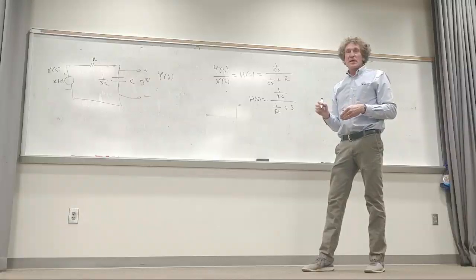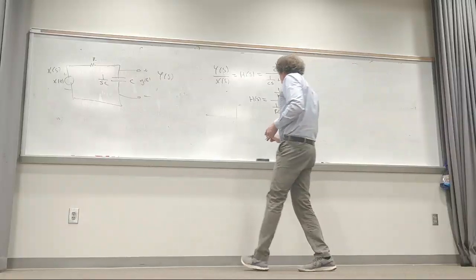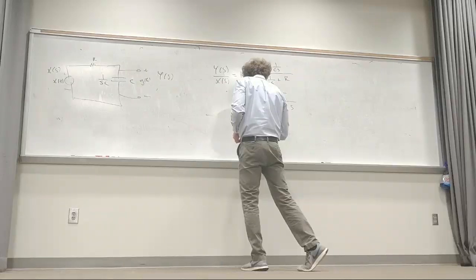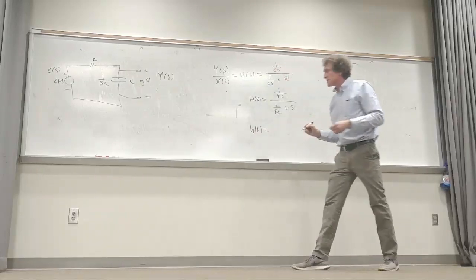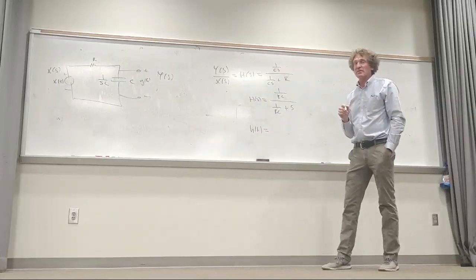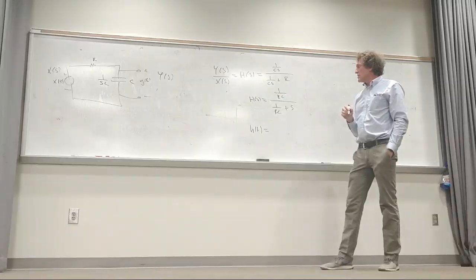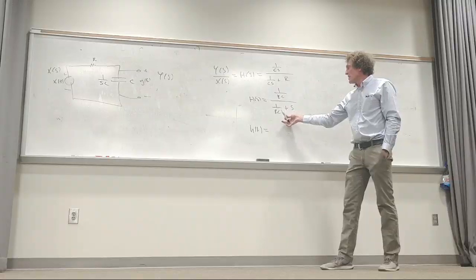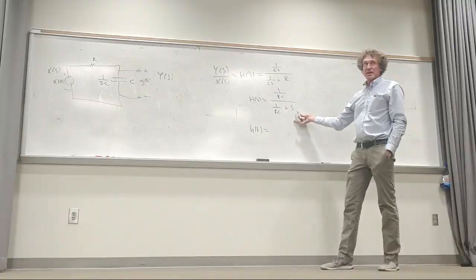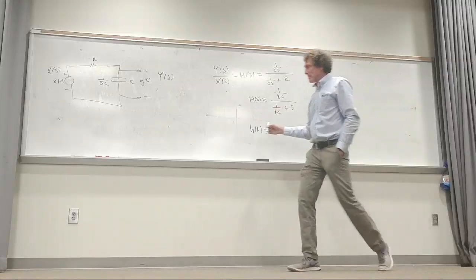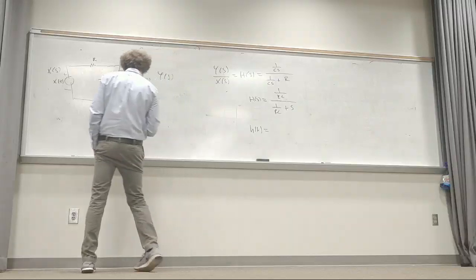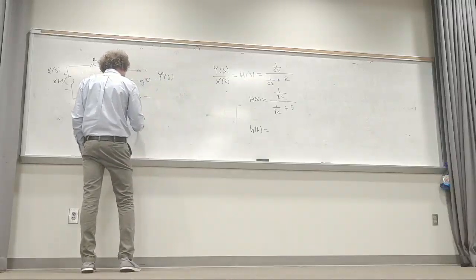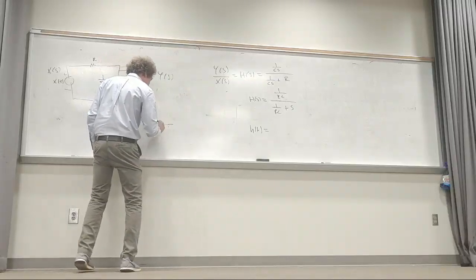Now, to get my H of T, that's the impulse response to this. Remember, I used Laplace, not Fourier for this one. What is the impulse response? Isn't that really just a constant over a constant plus S? What's the inverse Laplace of that? What does e to the minus at u of t go to, class?